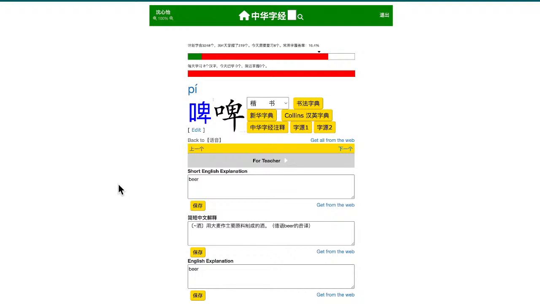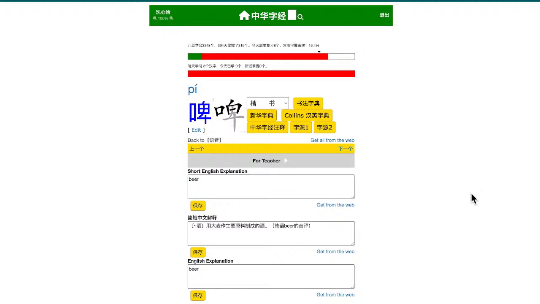So today's first character is 啤 (pi). P is an imported word.